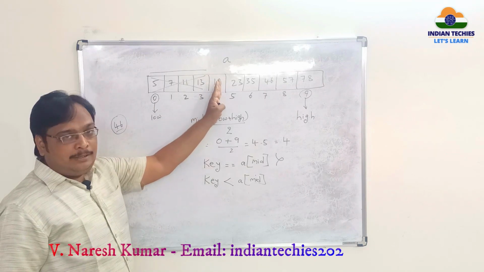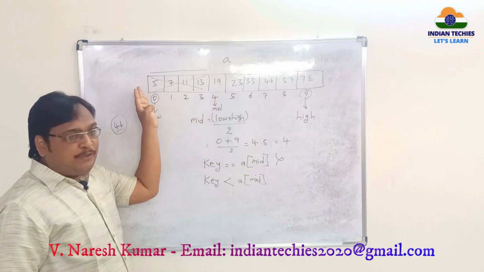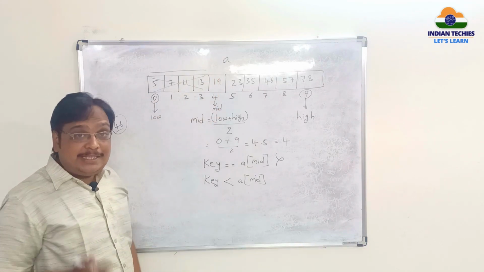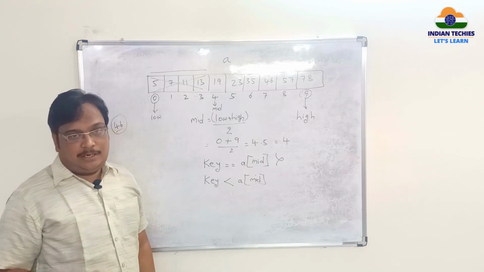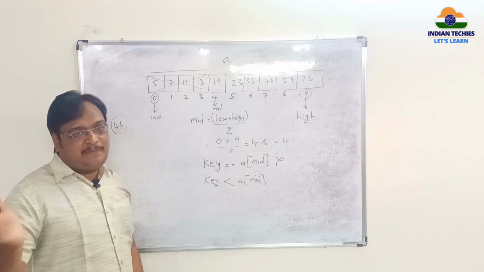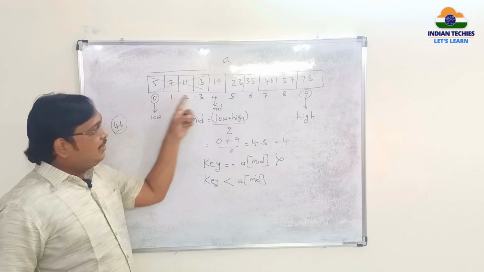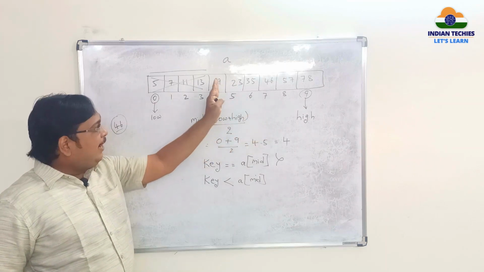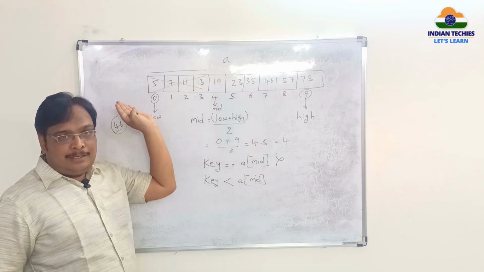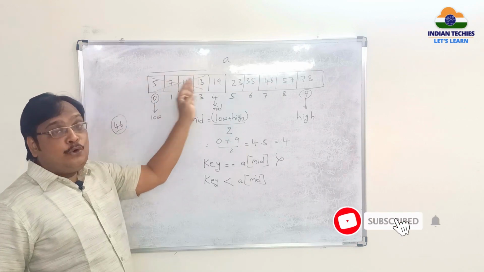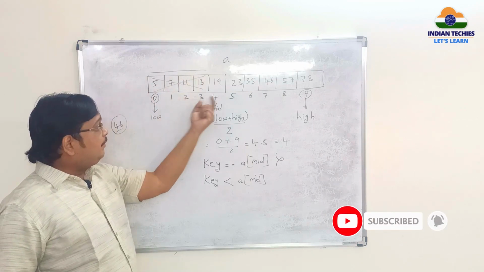If it were in random order, that would be different. But since the values are in ascending order, you need not check the left part of this mid.